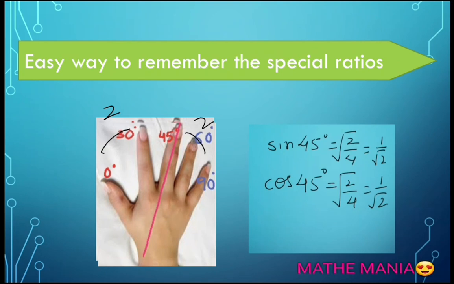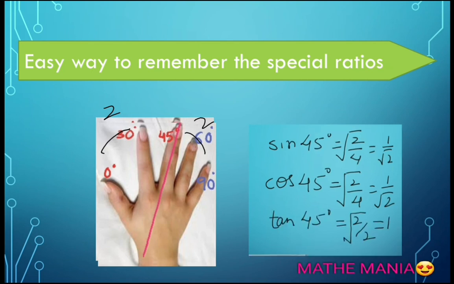So you'll remember that you have to use left ones for sine, right ones for cos, and always divide by 4. For tan theta, we have a different method. We are simply going to divide the number of fingers on left with the number of fingers on the right. So for tan 45 degree, 2 upon 2 under the root, that is equal to 1.